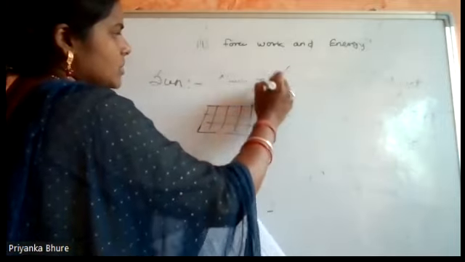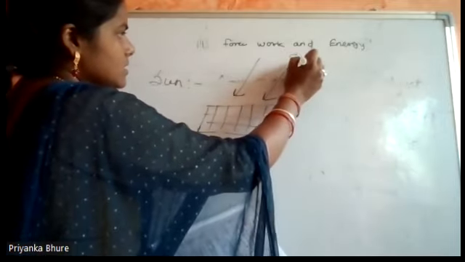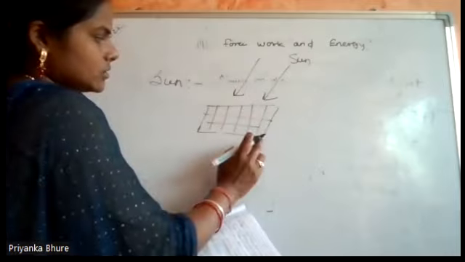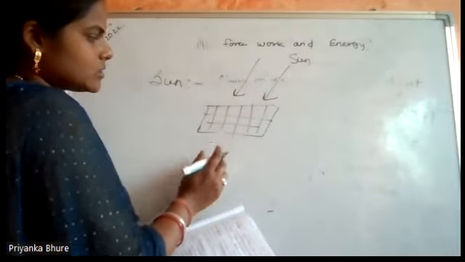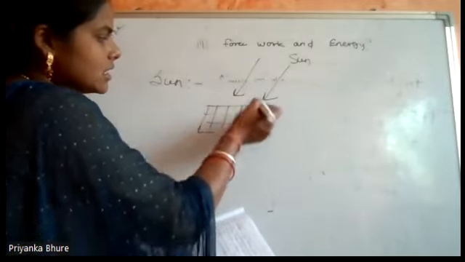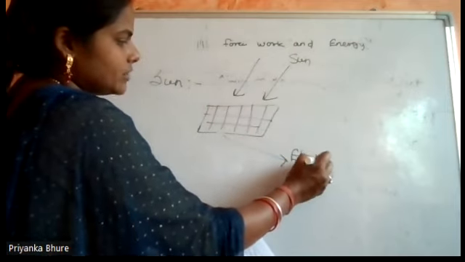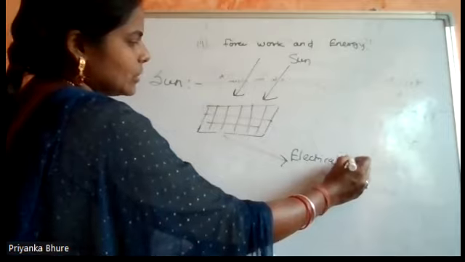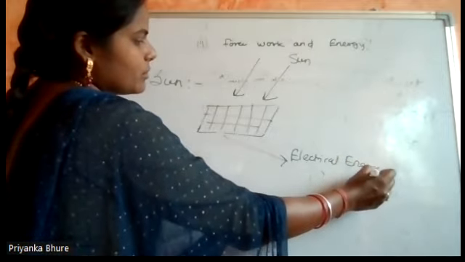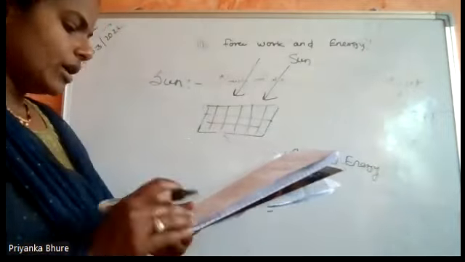All the radiations from the sun are captured in the solar panel, which converts that solar energy into electrical energy, and we can utilize that at our home. So each energy form is converted into another form of energy.